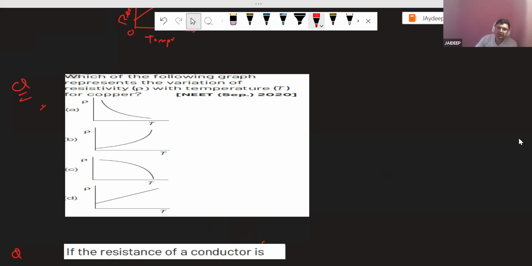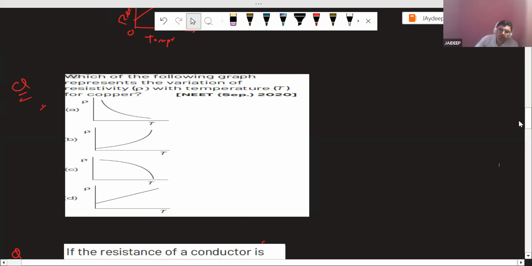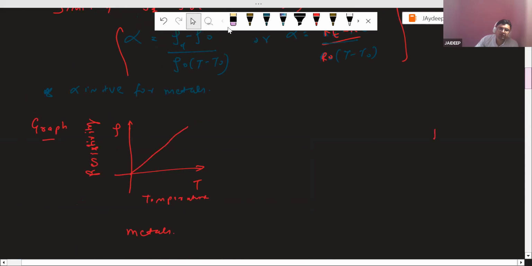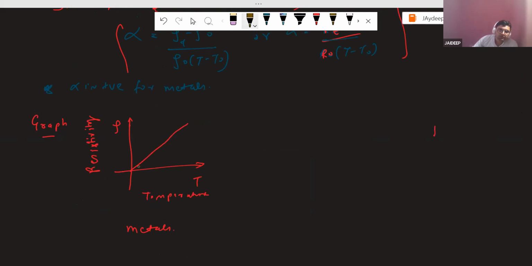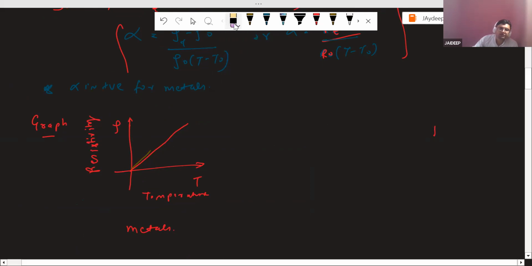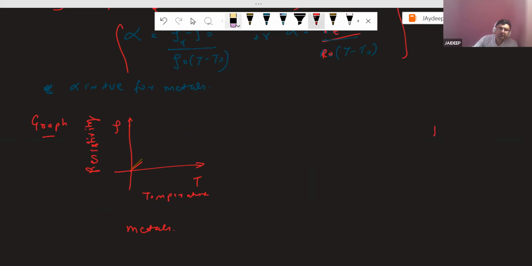Let me tell you one thing. For metals, means for conductors, it would be something like this. Just a minute. Not exactly directly proportional. It looks like this.